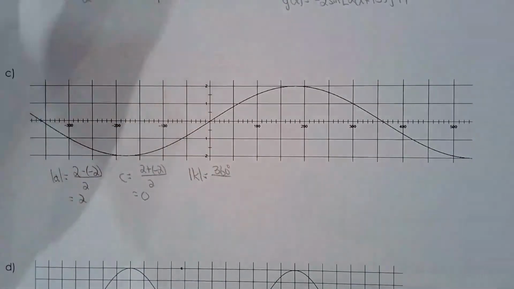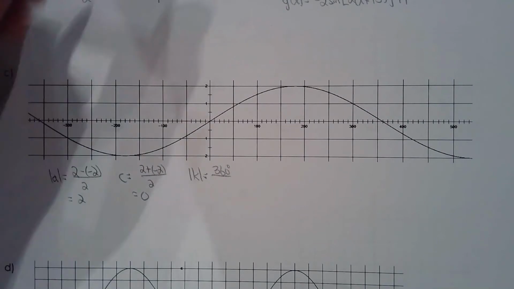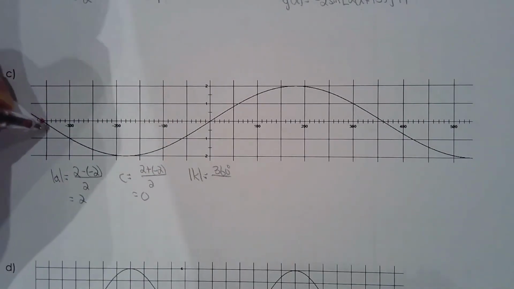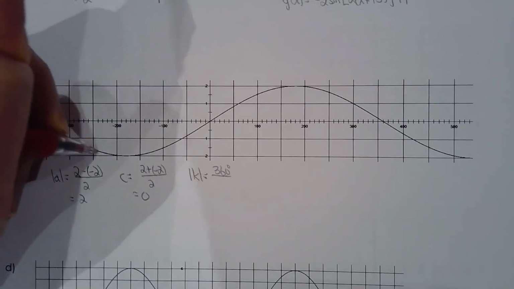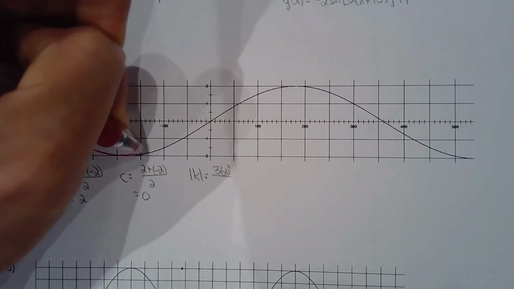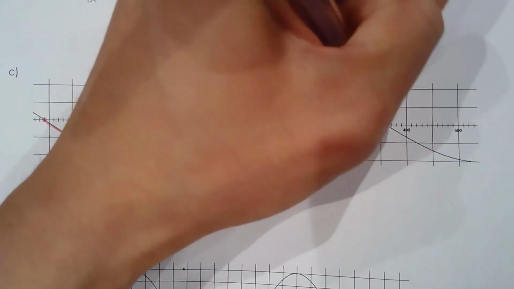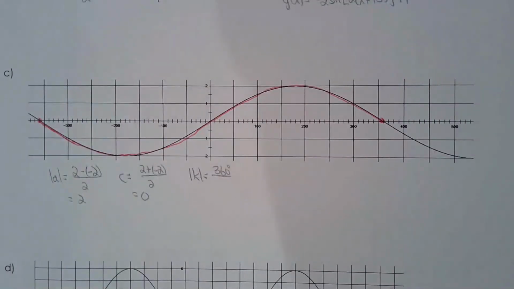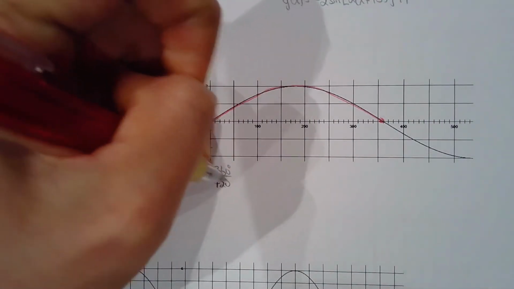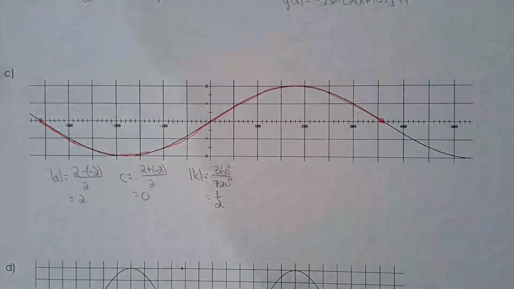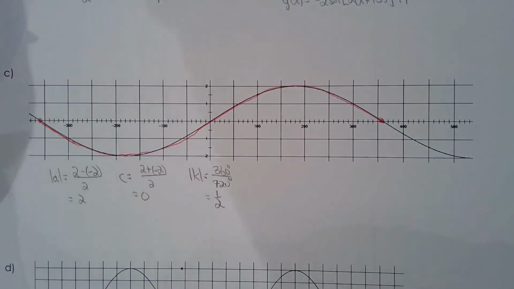I can already see it's 720. But let's go for it. So that's 720, which means the K value is half. And that makes sense because if K is half, it's a horizontal stretch by a factor of 2.